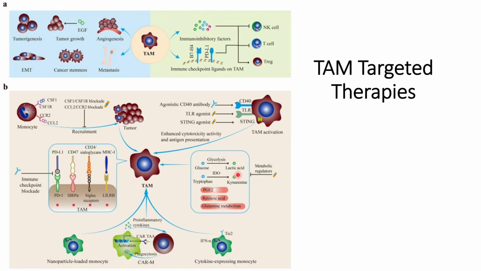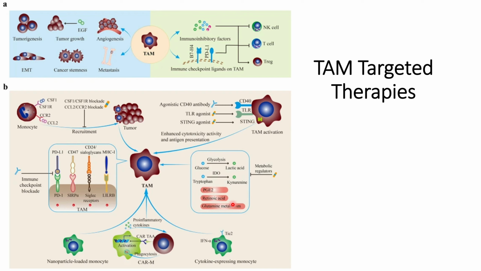By blocking those metabolic regulators, TAM will not be able to survive for a long time, and thereby TAM will not perform the immune suppressor functions that it usually does whenever the monocytes are differentiated by the tumor cells and converted into tumor-associated macrophages.